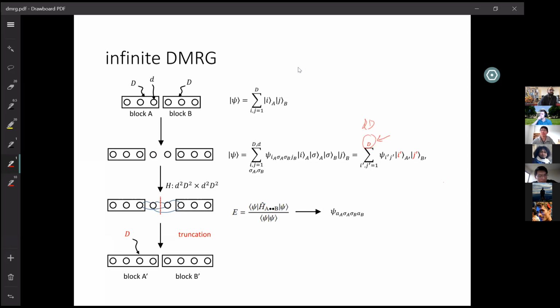The claim is that even if you start with some wave function on a very small system, where there are all sorts of finite size effects that are not relevant to the IR solution, when you add these degrees of freedom, they'll all kind of go away. Yeah, so in future updates, you will throw away this information if it is not relevant in the IR.